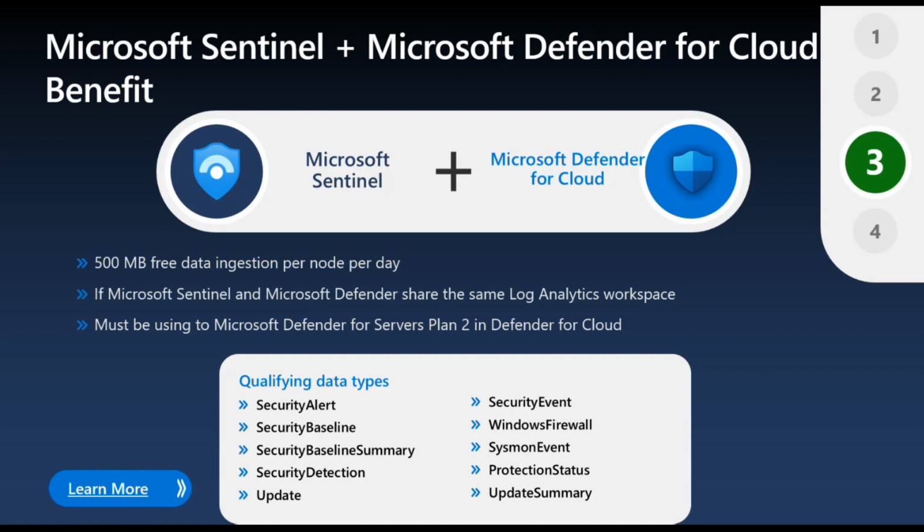So each server that has Microsoft Defender for Servers Plan 2 licensing associated with it, that's managed by Defender for Cloud, can bring in 500 meg of free data. The data types that we're talking about are these.